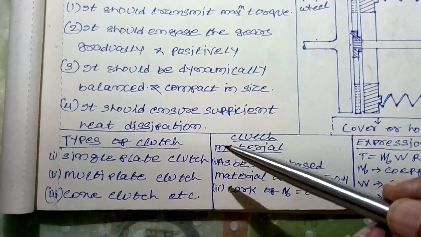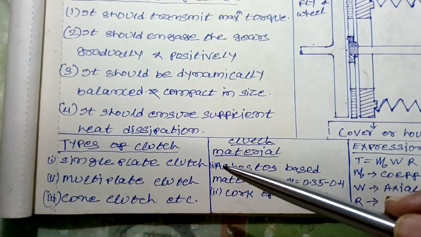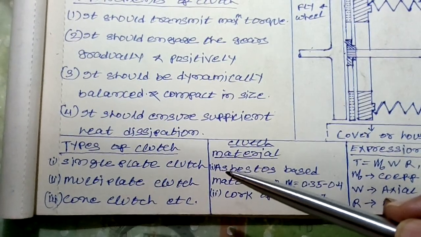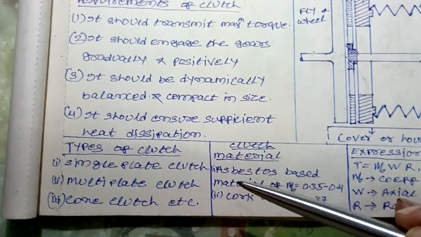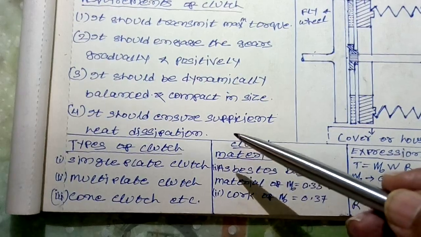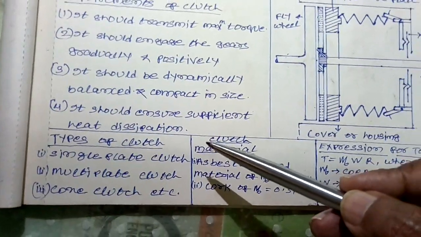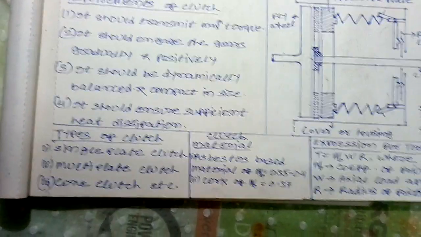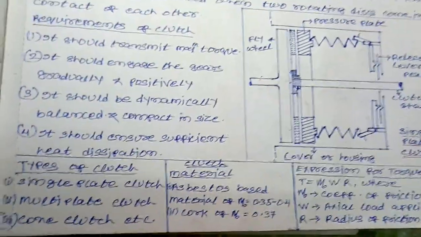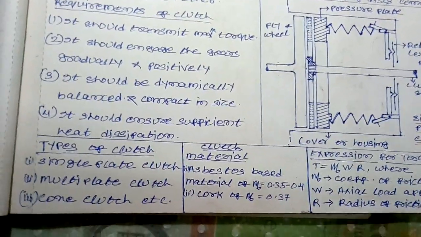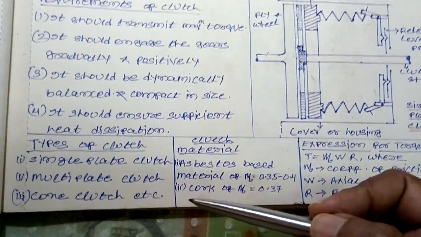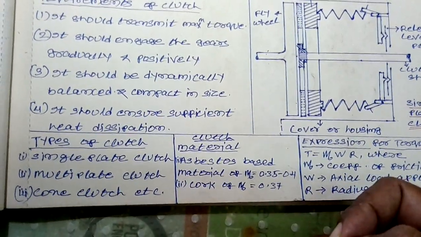Next, types of clutch. Basically, there are two types of clutch. One is the friction clutch, the second one is the fluid flywheel. The friction clutch works on the principle of friction, whereas the fluid flywheel works on the principle of energy transfer from one rotor to another.